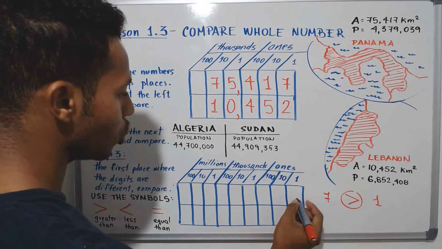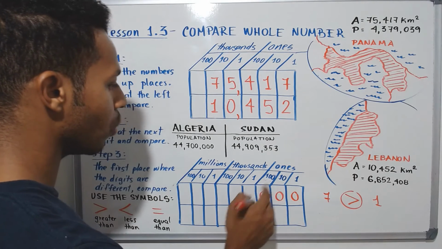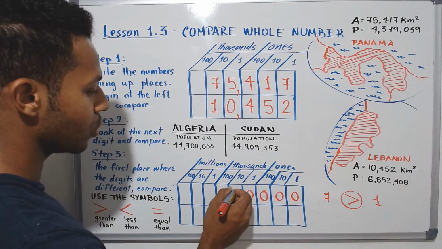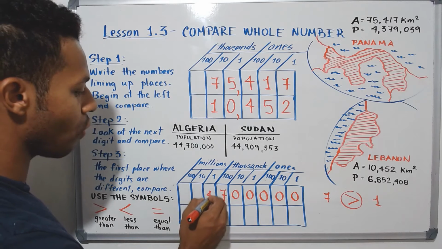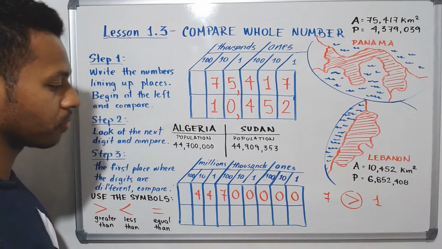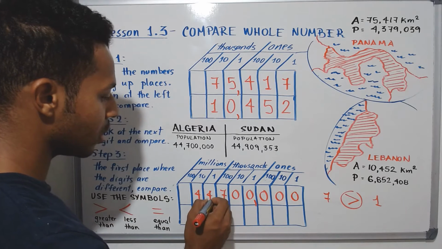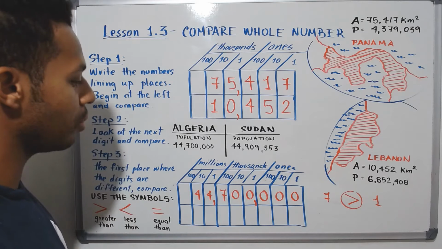We're going to start with Algeria. 0, 0, 0 in the ones period. In the thousands period we have 0, 0, 7, and in the millions period we have 4 and 4. Right. Don't forget to write a comma that separates the periods of the numbers.